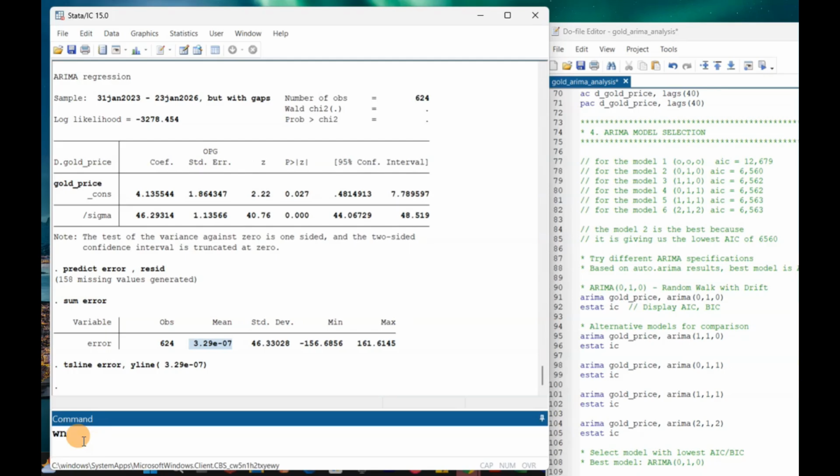This is what we learn for the white noise characteristic. Our xt is equal to mu, a parameter, over time.